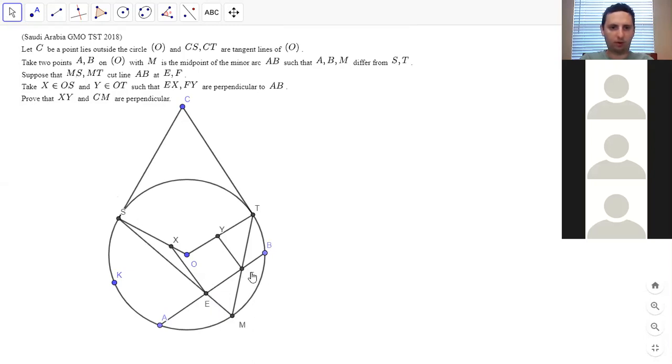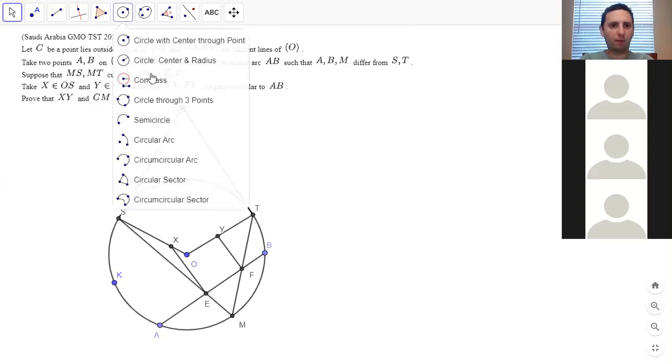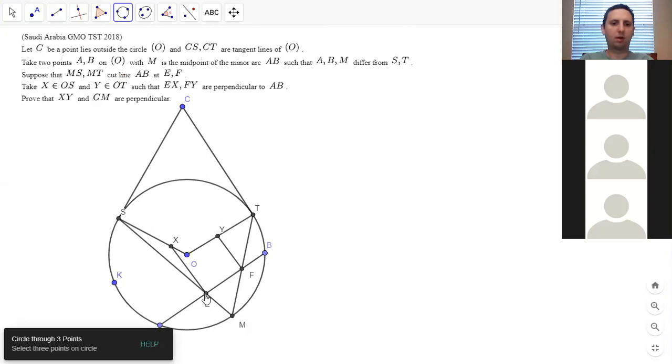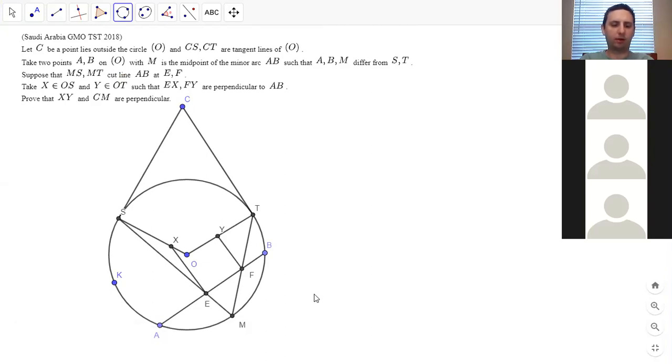It's an interesting problem. SEFT is cyclic. That is not hard to see. Is that just an angle chase, probably, right? You can do an angle chase, but it is easier to do power of a point. Because angle TFB is half of arc TB plus arc AM, which is half of arc TB plus BM.